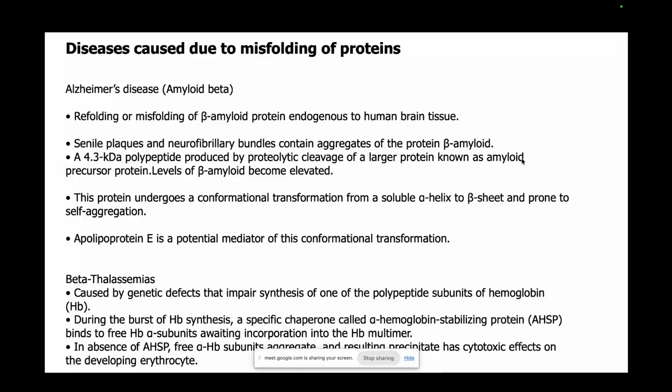The most common example of a disease that is formed by differential protein folding or misfolding of proteins is Alzheimer's disease. This is one of the major neurodegenerative diseases, and the prevalence of Alzheimer's disease is very high currently in low and middle income countries like India, where we have a vast population and a significant portion of this population are above a certain age who can develop Alzheimer's disease.